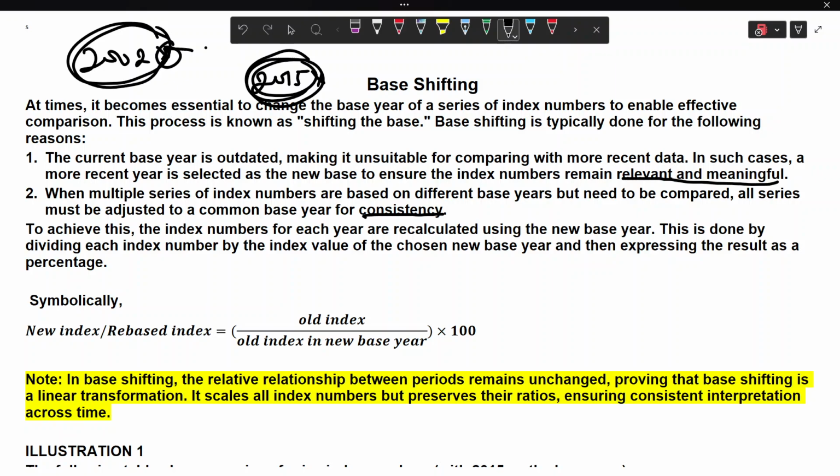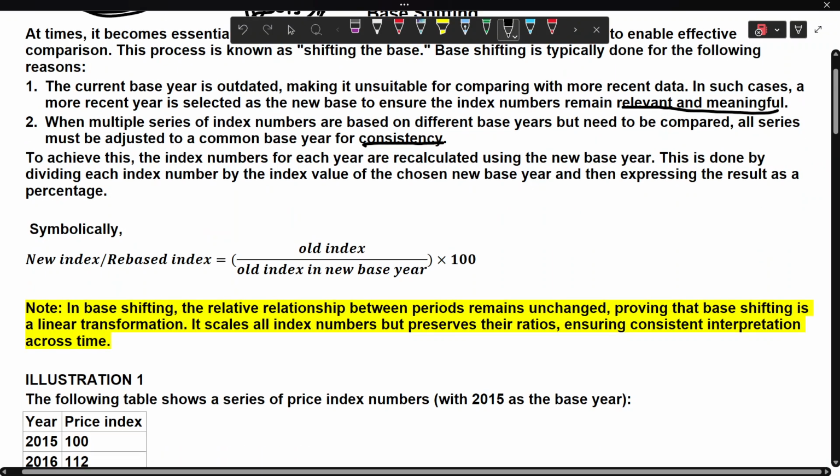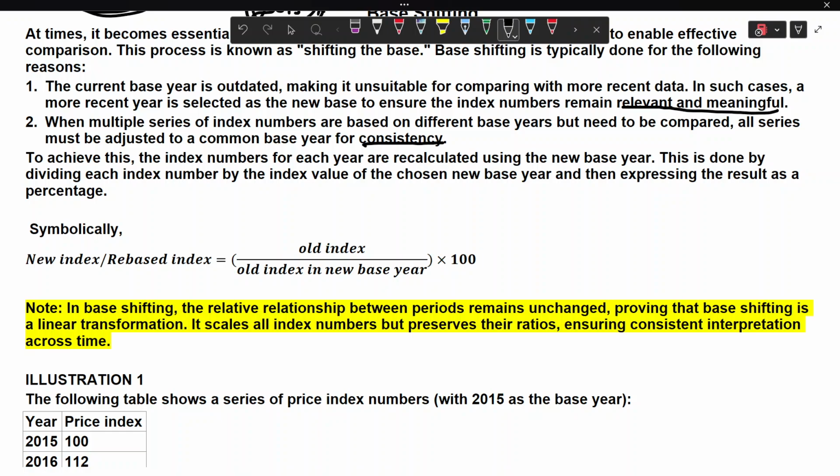To achieve this, the index numbers for each year are recalculated using the new base year. This is done by dividing each index number by the index value of the chosen new base year, then expressing the result as a percentage. So symbolically, how do we calculate the new index using the new base year? It's given by the old index divided by the old index in the new base year, times 100.